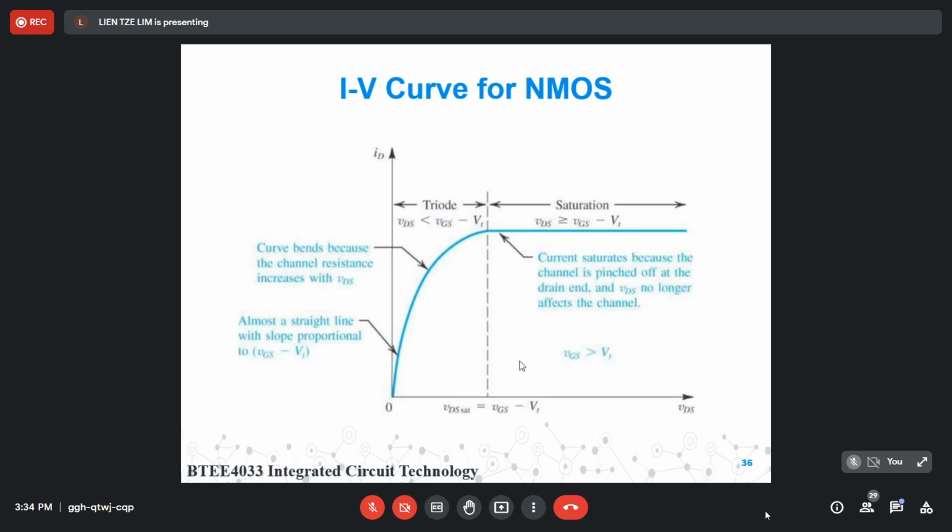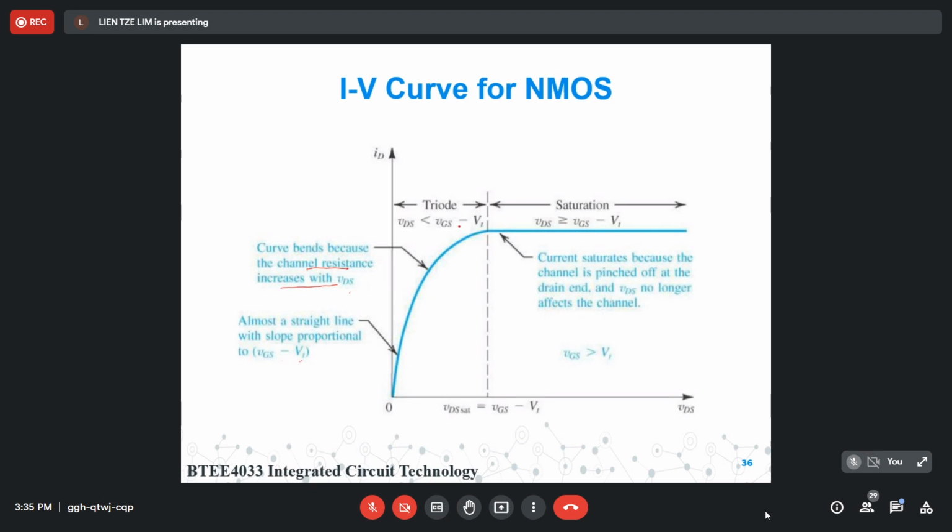Another load curve. This load curve explains what the curve means. In this region it is almost a straight line, with a slope proportional to VGS minus VT. Then the curve starts to bend because the channel resistance increases with VDS.